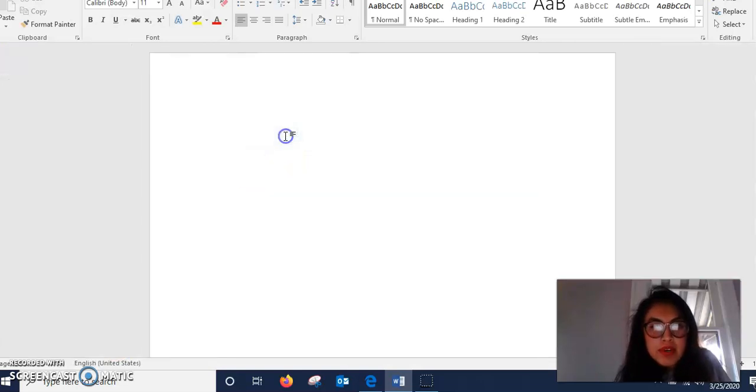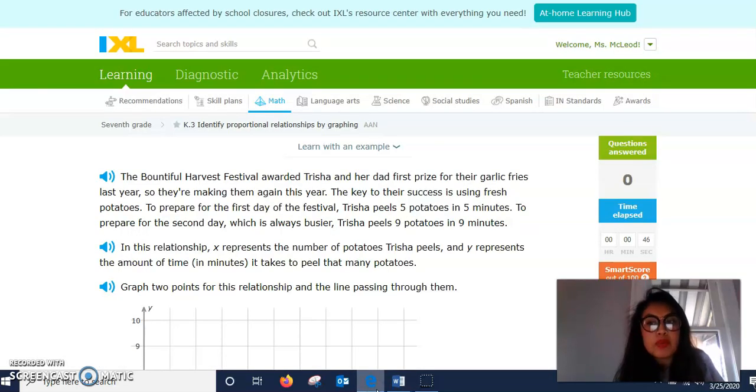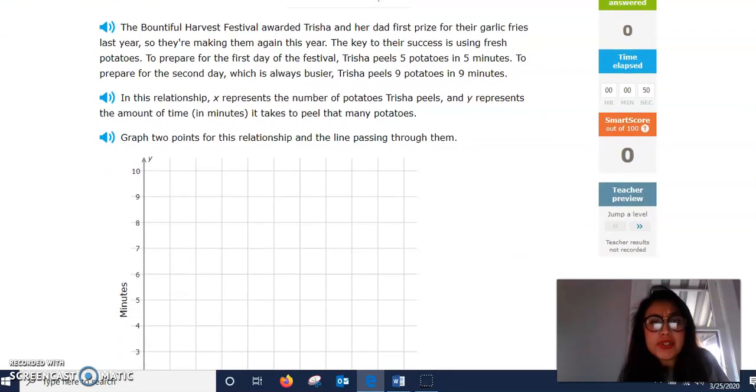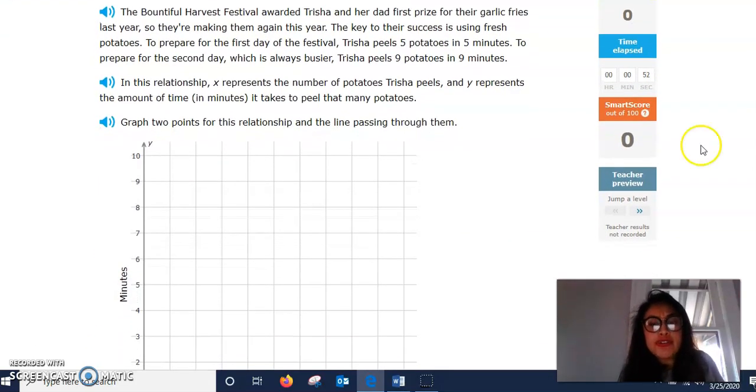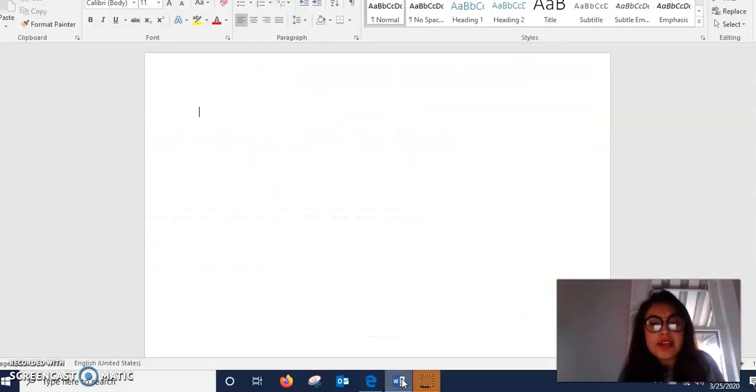If we remember about identifying proportional relationships in graphs from earlier in the year, there are three criteria. The first one is it has to make a straight line.